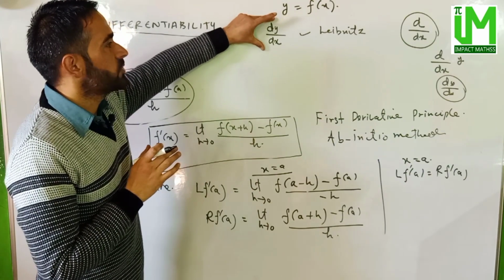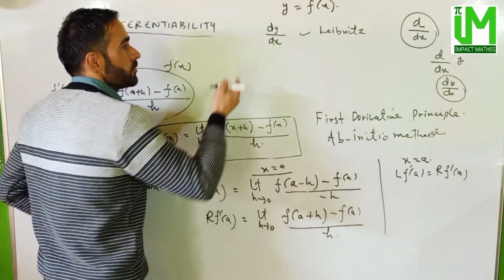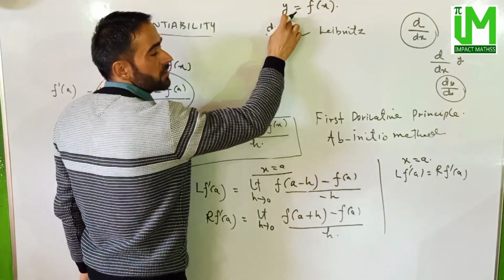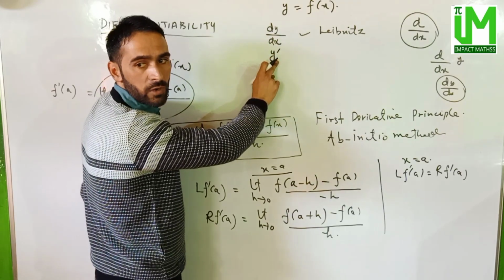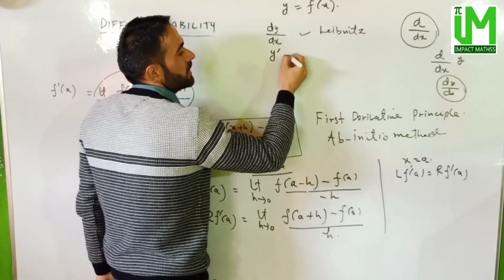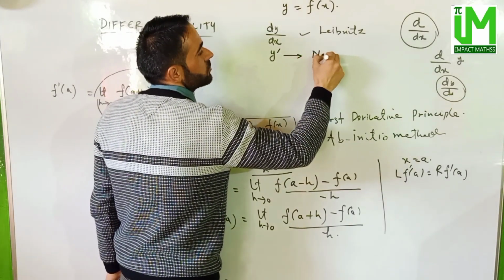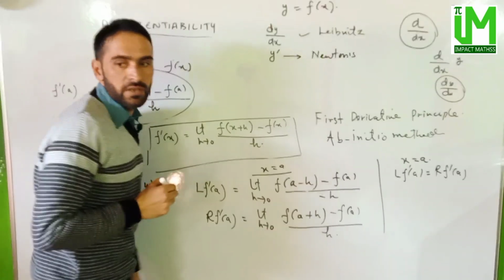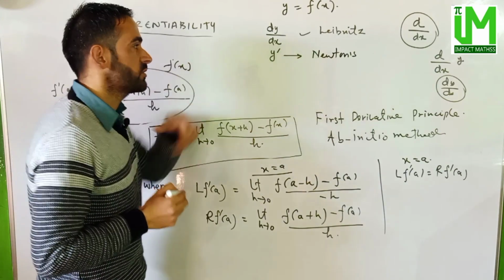For example, dy by dx was used by Leibniz. Newton used the notation y dash, or y prime. If we differentiate y, it will be y dash or y prime. This is called Newton's notation, and it was used by Newton.